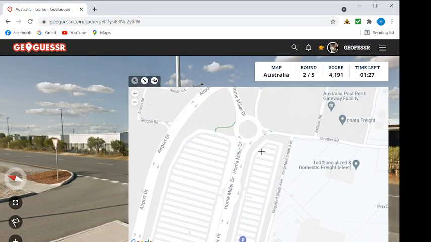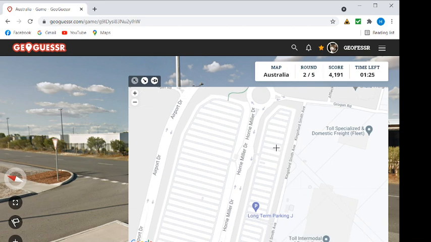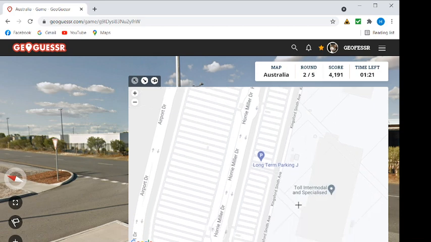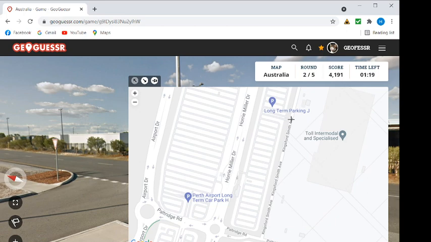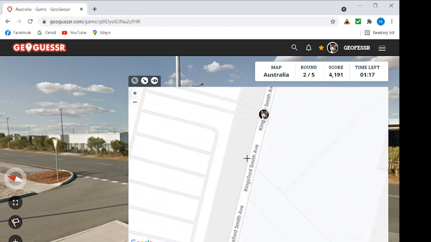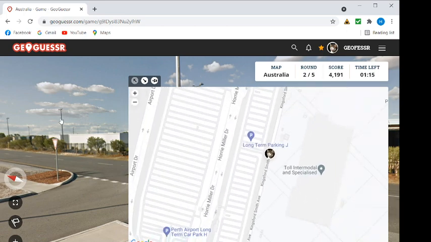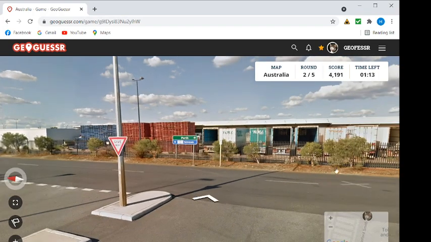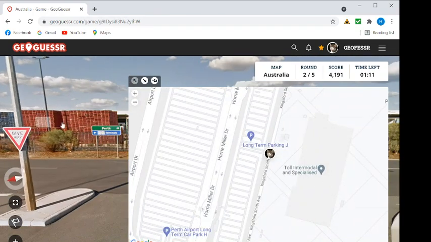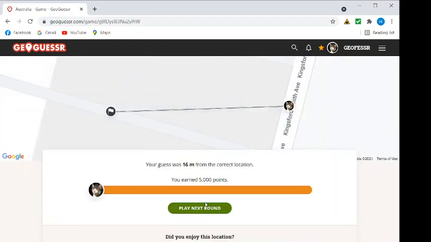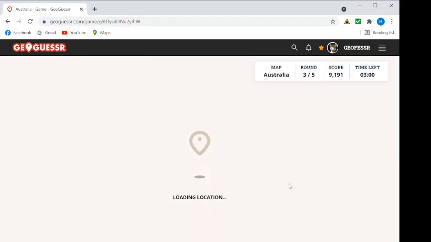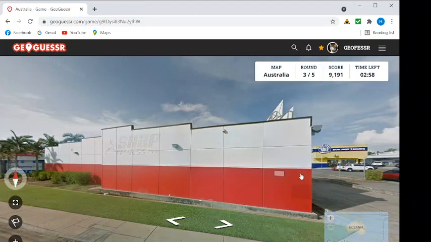So if it's near long-term parking J, wait, it could be just there, right? Yeah, that makes, oh, toll intermodal. Yeah, the trucks say toll. So, yep. All right. So that one was easy.